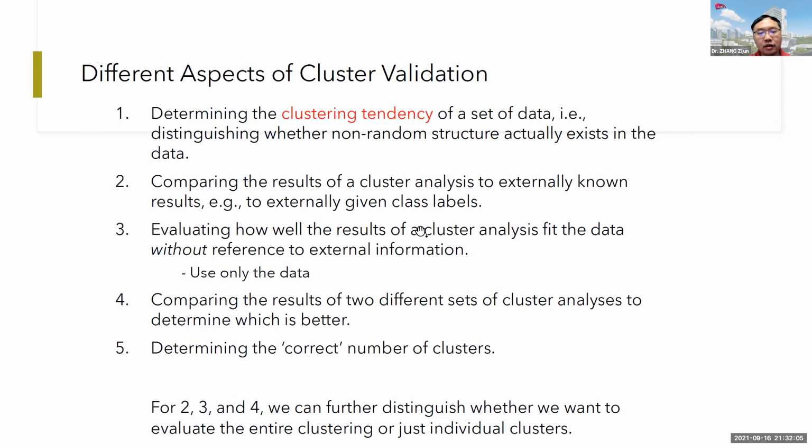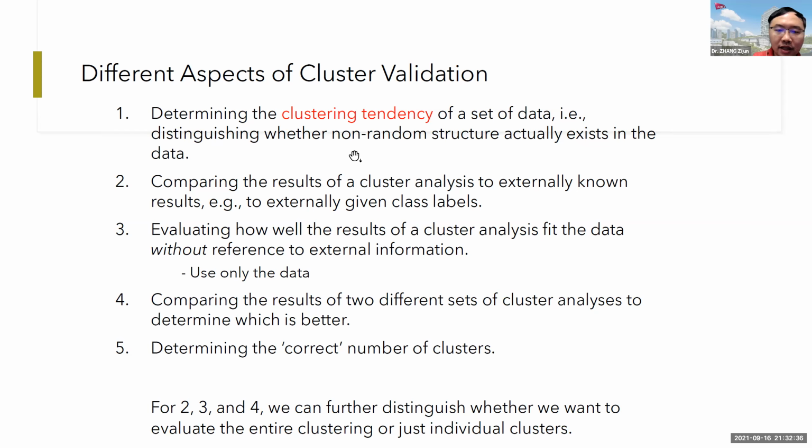All right, so if no comments and questions about the three clustering algorithms, then we go to a general topic, which is called different aspects of cluster validation. How can we validate the clustering performance? Or how can we validate that our clustering results are good? There are the following aspects for cluster validation.